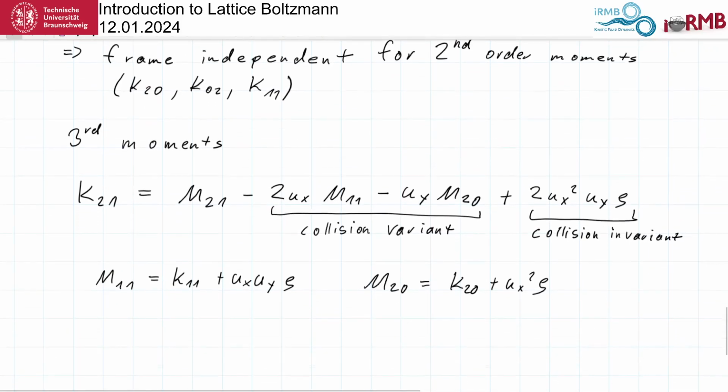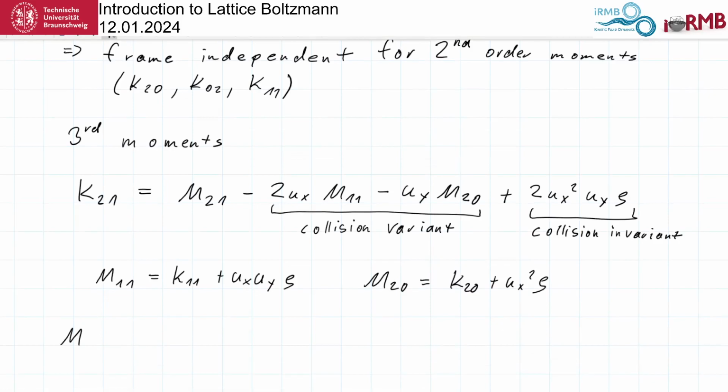And that basically means that M21 is equal to K21 plus, so you plug these things in, and you see you get 2Ux K11 plus Uy K20, and all the remainder that come from these guys here, together with this guy above here, combine to plus Ux square Uy rho.